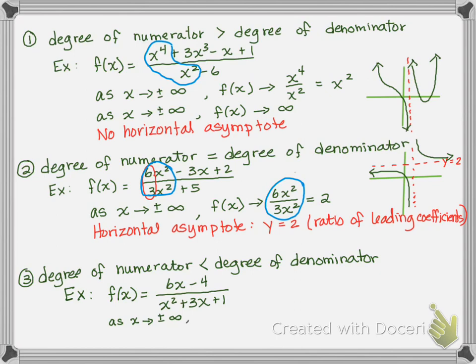As my x value gets really, really big or really, really negative, so as my graph moves to the right or left edges, f of x is going to approach, so my y value will approach 6x over x squared, which simplifies to 6 over x. What happens to 6 divided by x as x gets bigger and bigger?